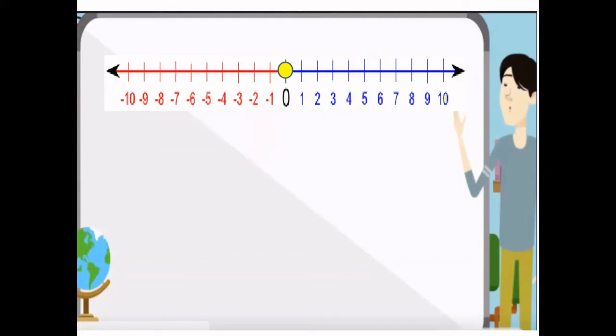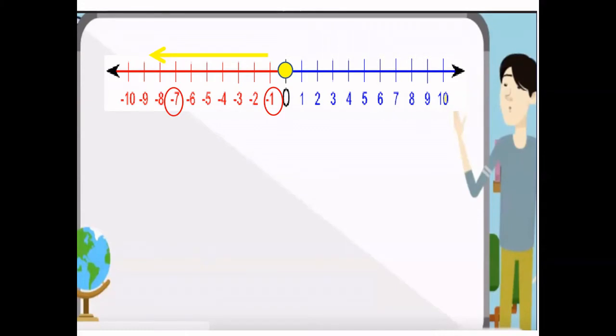The same way, when you go through your left, the number gets smaller and smaller, or it becomes lesser. Negative 7 is less than -1, or -7 is smaller than -1.